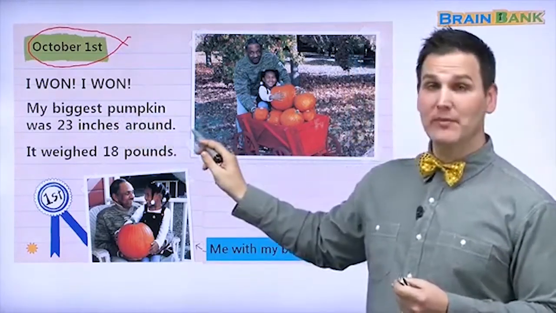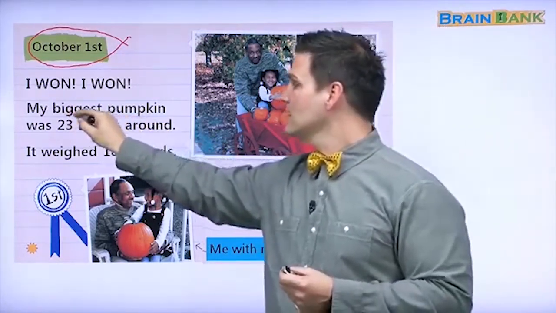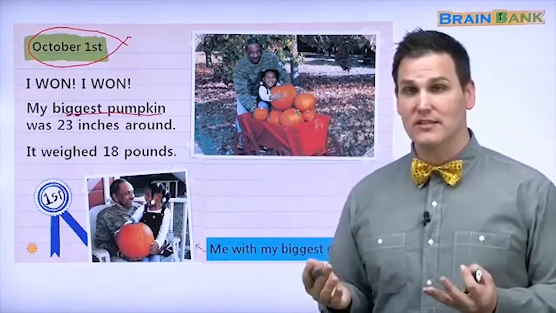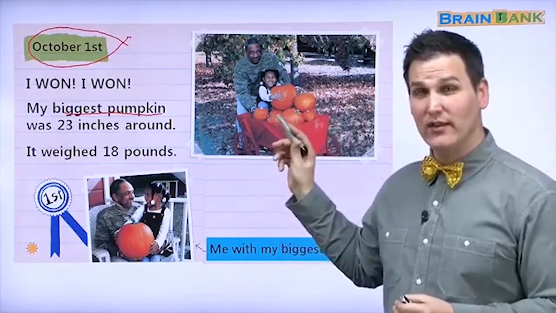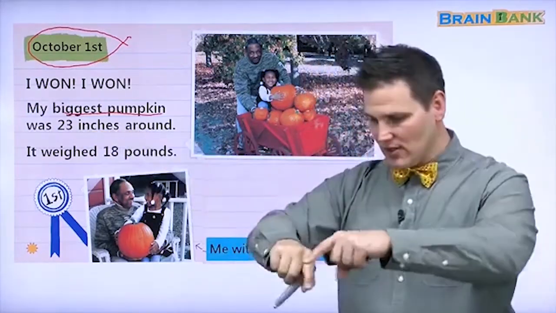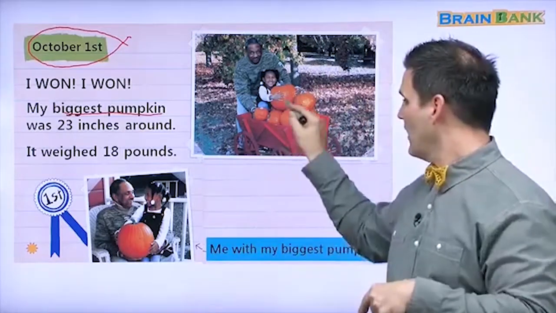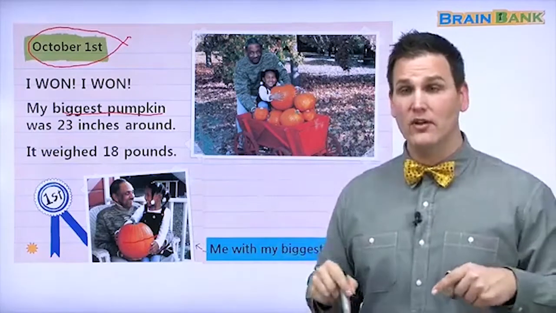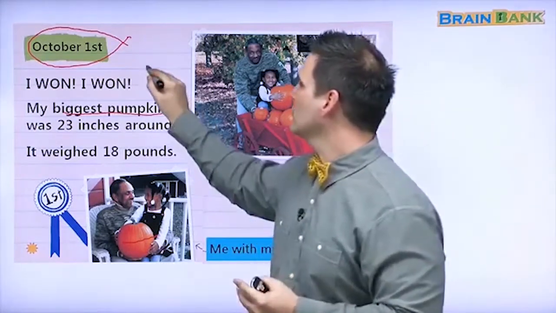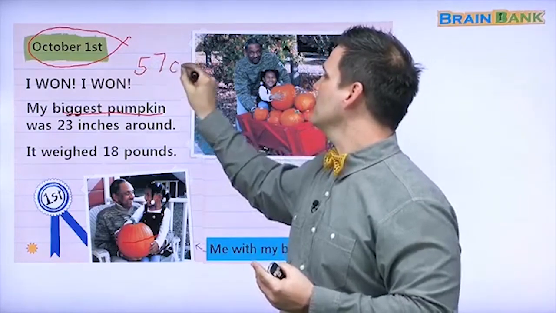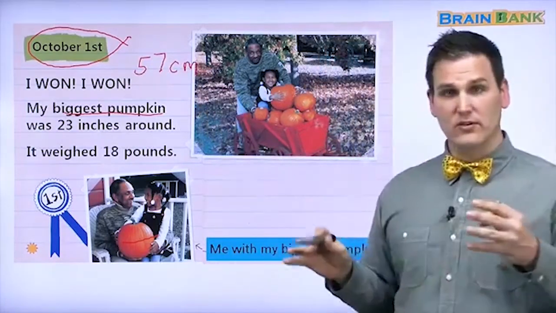My biggest pumpkin. That means she has many. She grew many pumpkins. But the biggest one was 23 inches around. Around here, right here. 23 inches around, which is about 57 centimeters.